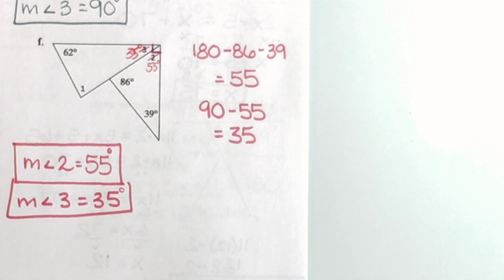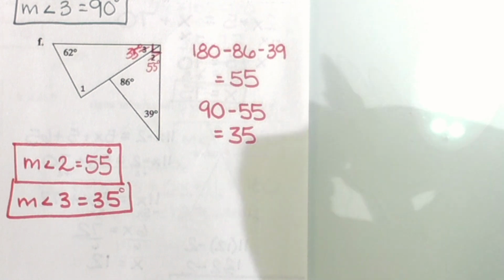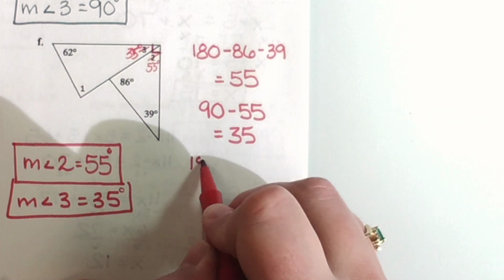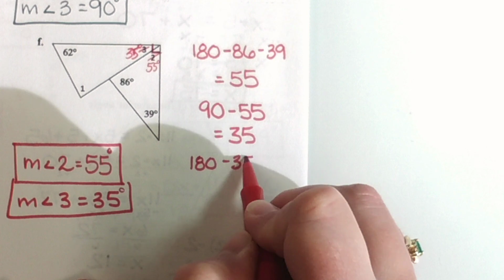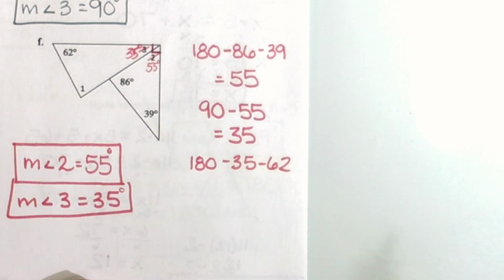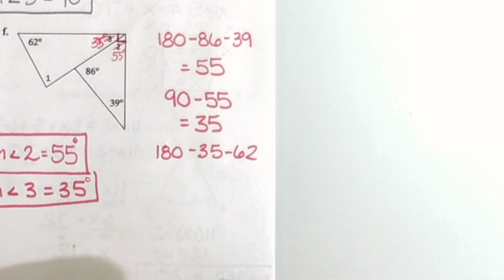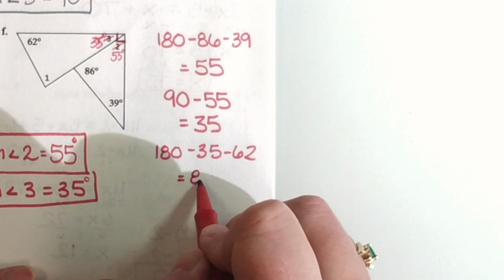Maddie, how would I find the final angle? Got it. It's one of 3 angles within a triangle, so I subtract them both. 83? Good.